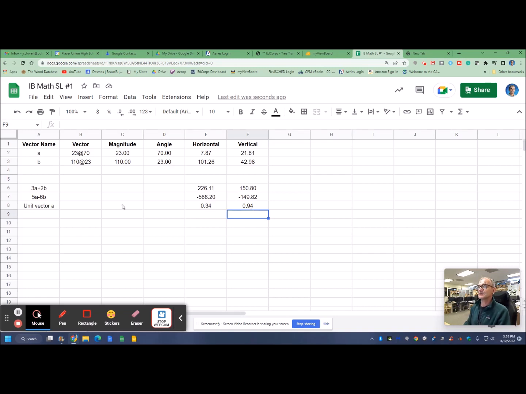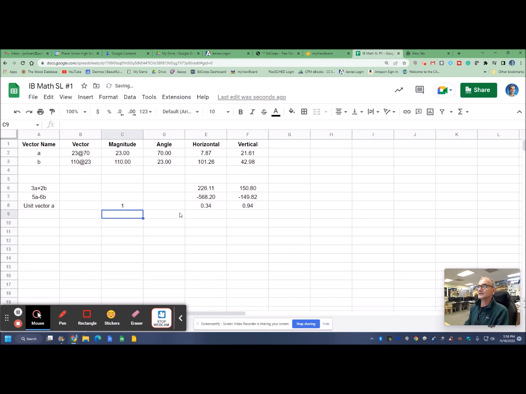And I could check that pretty easily here by finding the magnitude of my unit vector. I'm going to set that equal to the square root. So I start typing that out. That pops up. The square root of this quantity to the power of 2. So that cell squared plus this cell, and this is a caret above the 6 squared, and I'll hit enter.